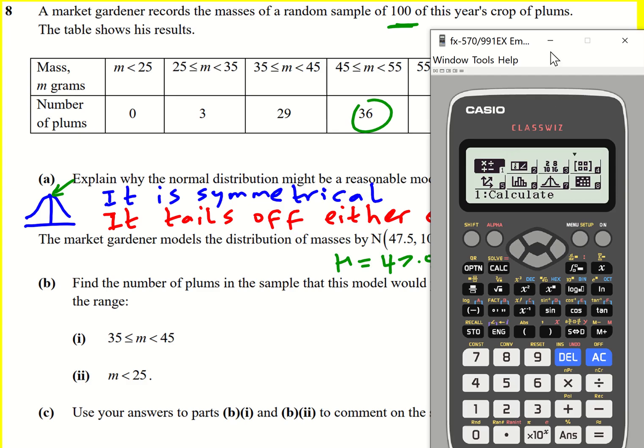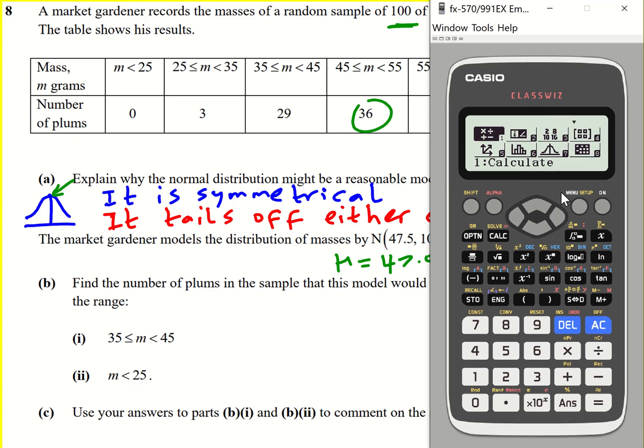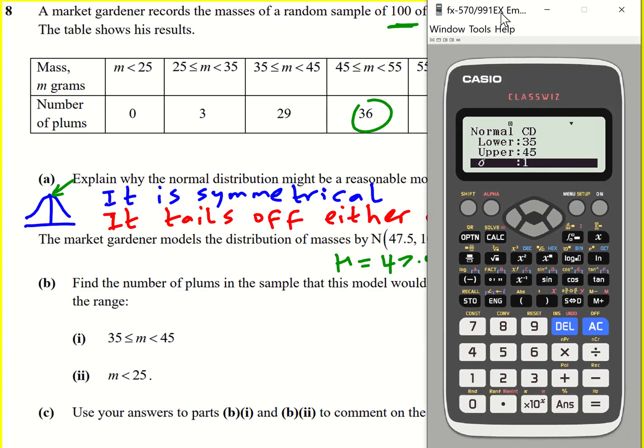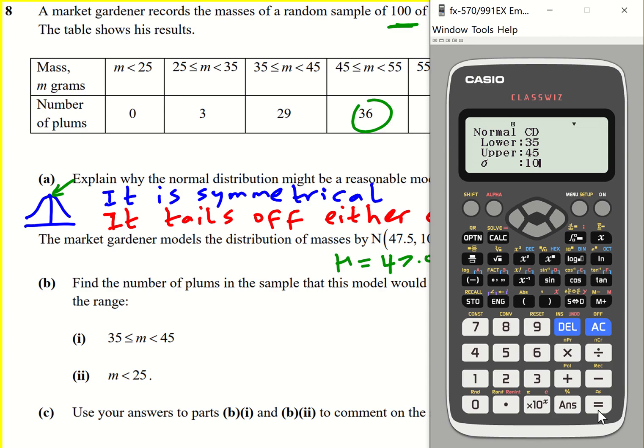So we just have to use a calculator, normal CD, and we're looking between 35 and 45, with a standard deviation of 10 and a mean of 47.5.